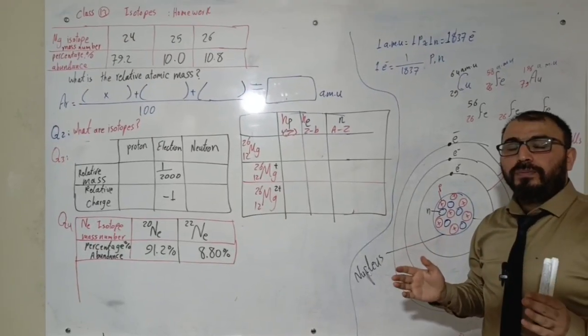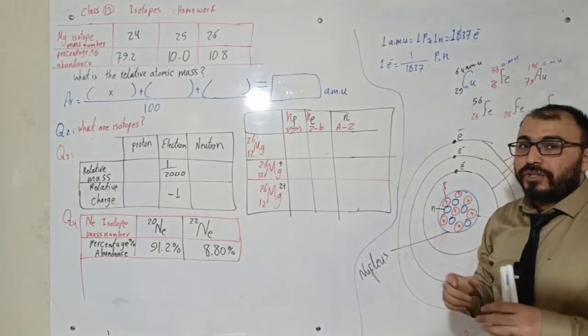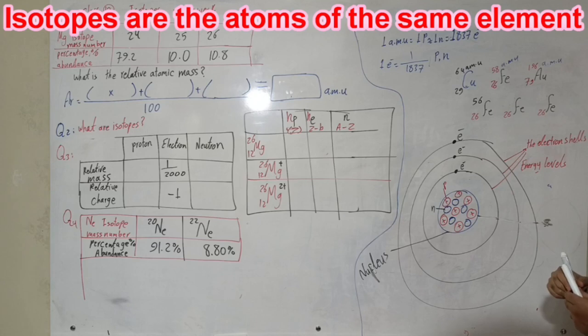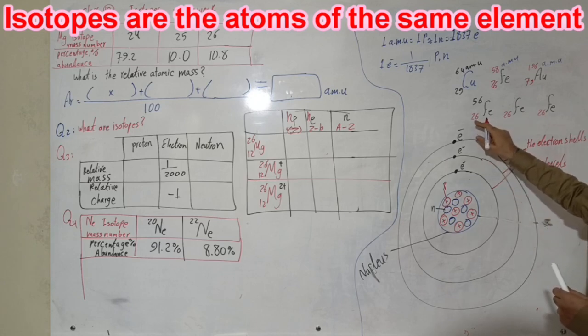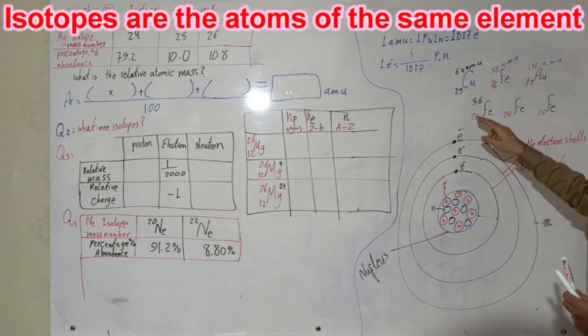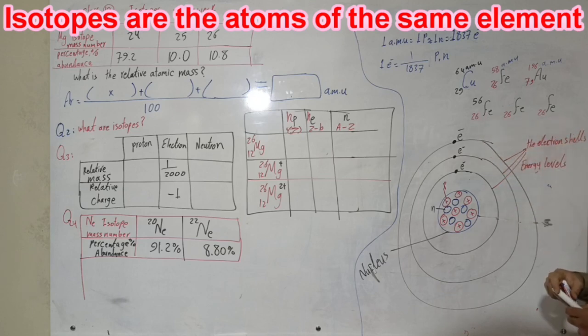A new problem in this field emerged when scientists discovered something called isotopes. Isotopes are the atoms of the same element that share the same number of protons, but they have different numbers of neutrons.